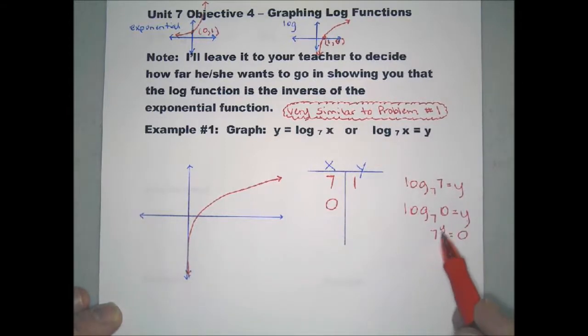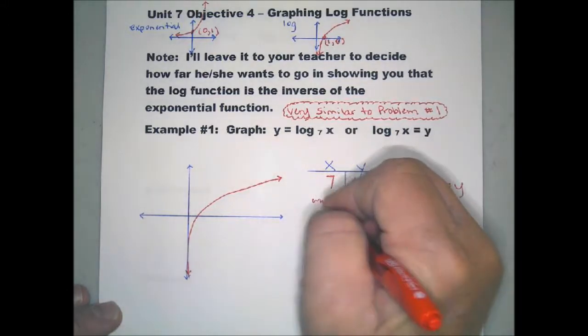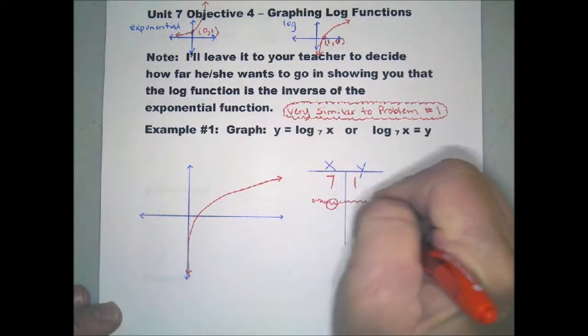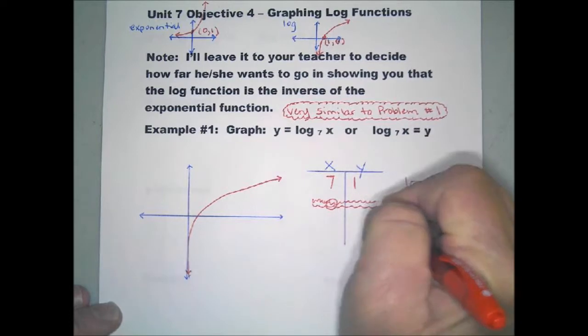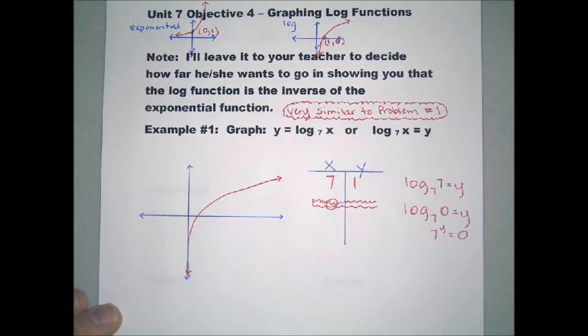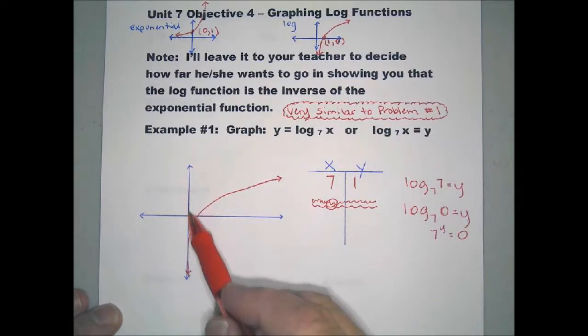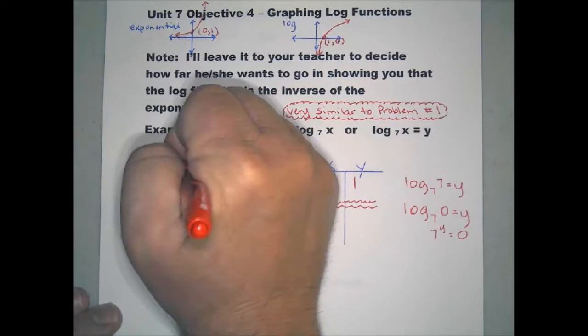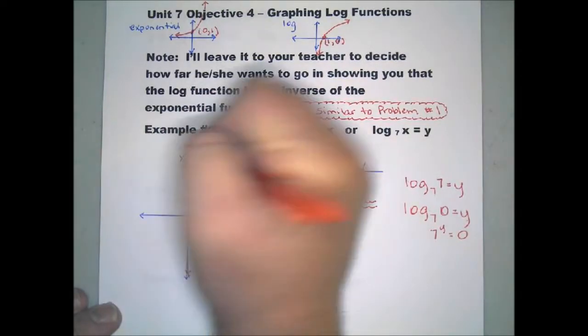What power turns the number 7 into the number 0? There is no power that turns the number 7 into the number 0. So remember when I said there are some nice points and some not nice points? 0 is actually a very not nice point. There's no way of achieving 0. In fact, x equals 0 is the vertical asymptote.